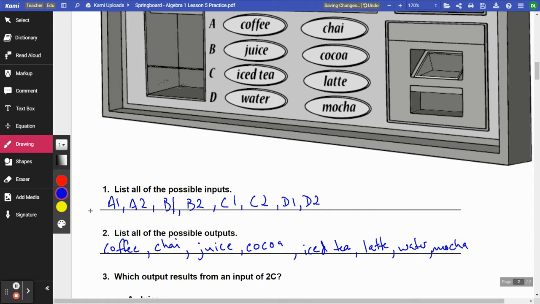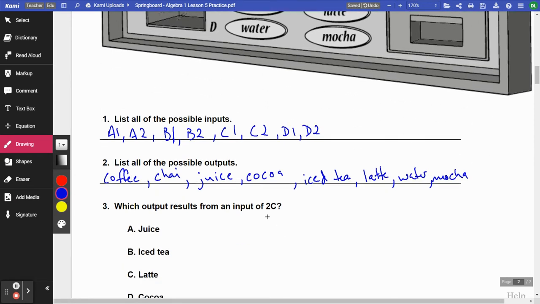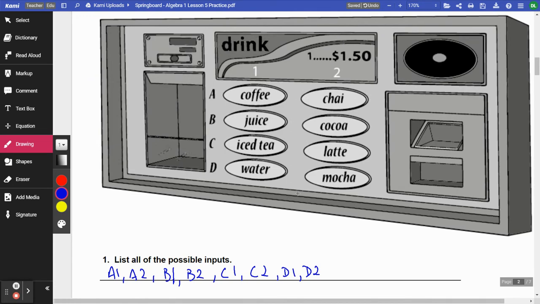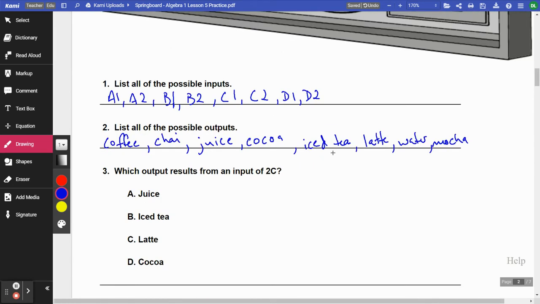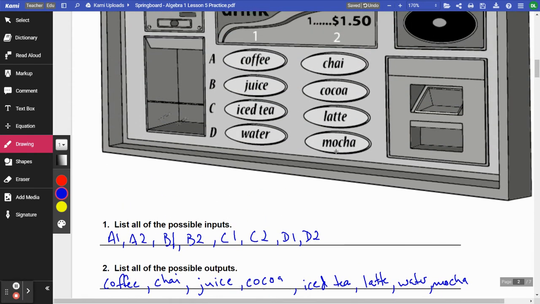What are the results if I push 2C? Well, that's actually kind of backwards. But anyway, if I push 2C, I would get a latte. Which number letter combination would you input if you wanted to get juice?